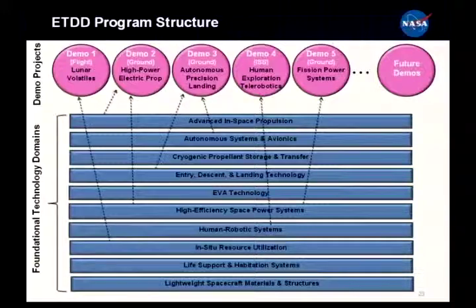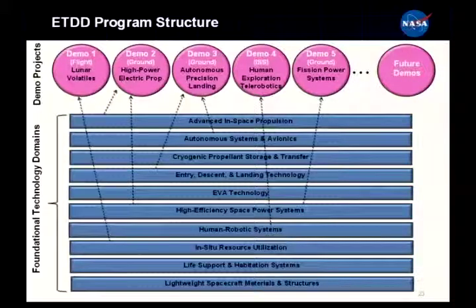The domains would take very low readiness level technologies and mature them into practical system applications, and we would then hand those off to the demonstration projects for validation. So the foundational domains are meant to continue year to year, and they provide the continuing base of knowledge and the core competencies in these critical areas within NASA.